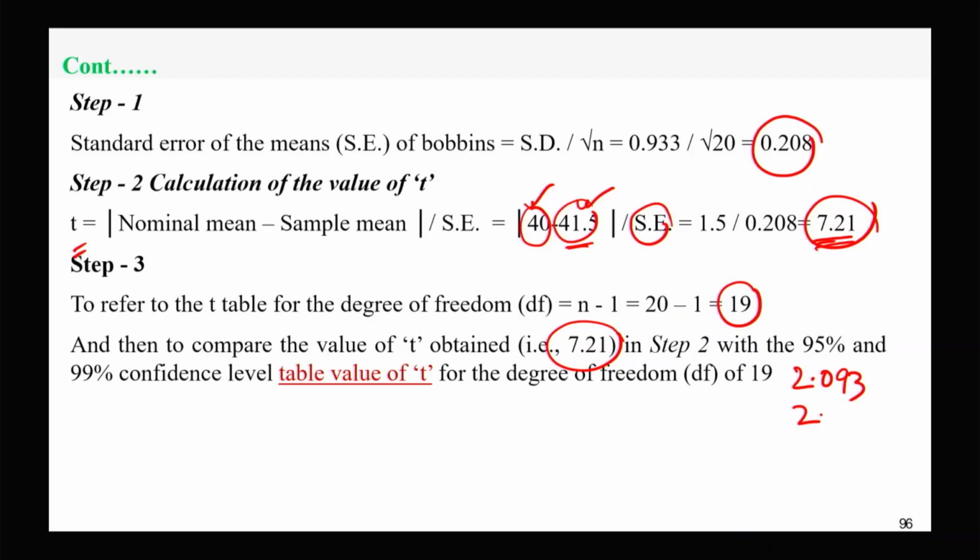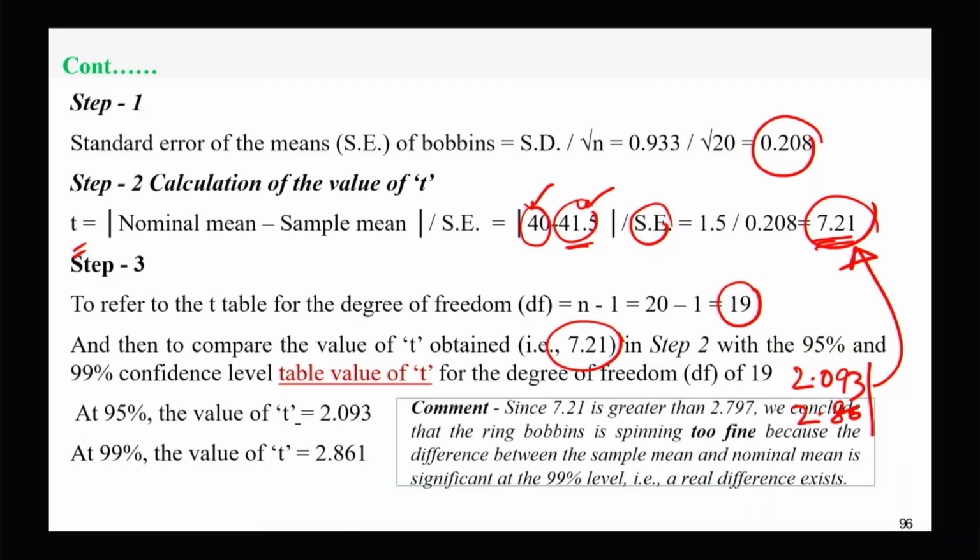This value is more than the table value, so it's highly significant. So this is our conclusion: it is too fine.